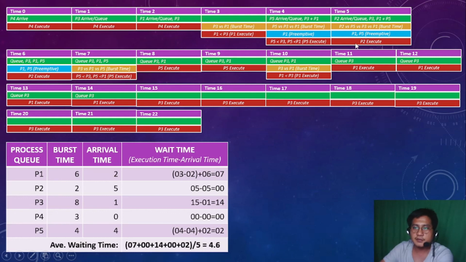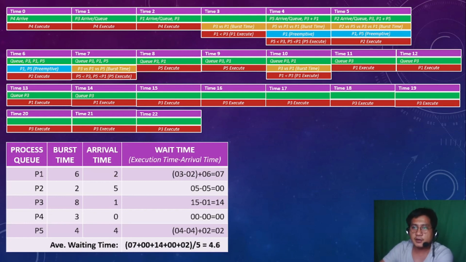So since process 2 has only 2 burst time compared to P1 that has 5 and P5 that has 3, P2 has the shortest burst time. So process 2 will get the attention of the central processing unit, while P5 will be preempted, just like the previous P1.